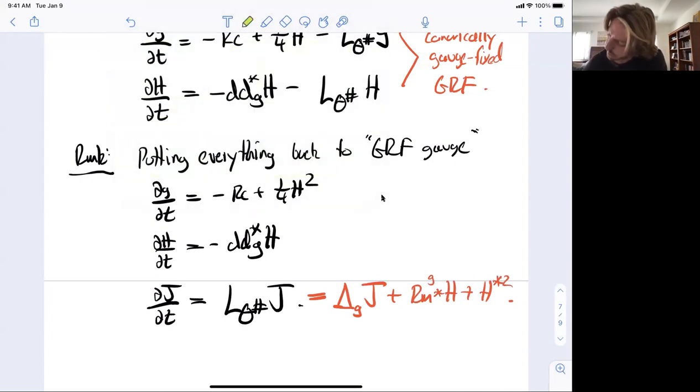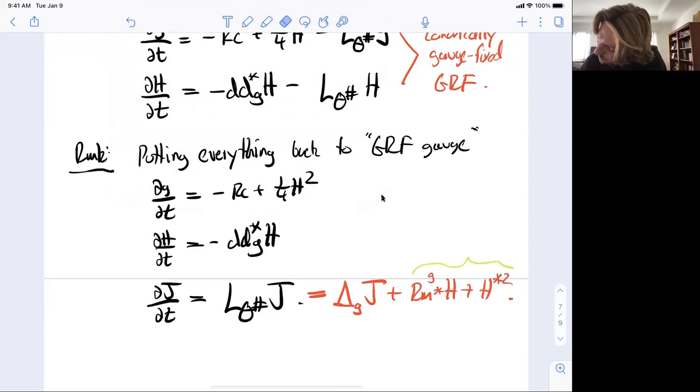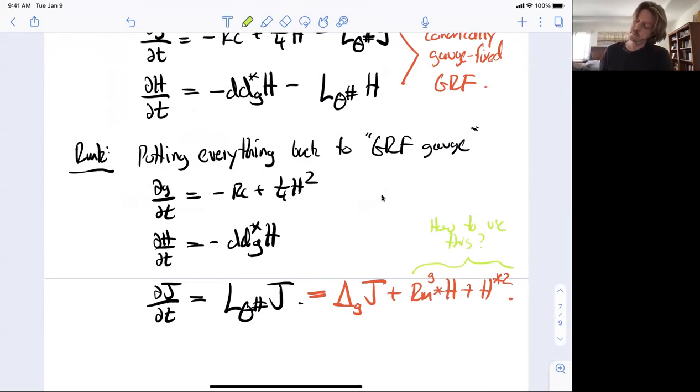And just again, as a broad question, I don't really know a good way to actually use this equation.